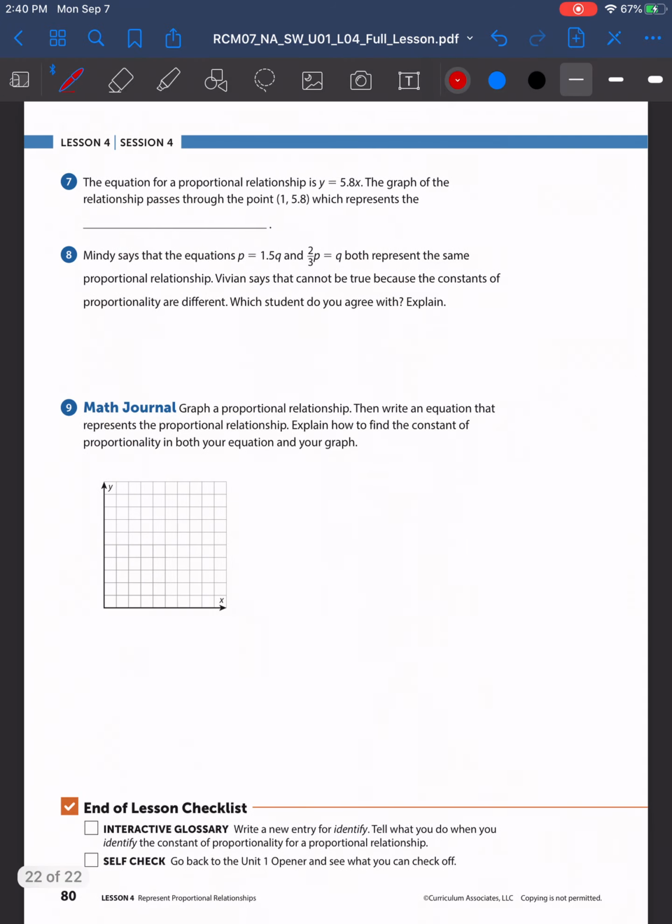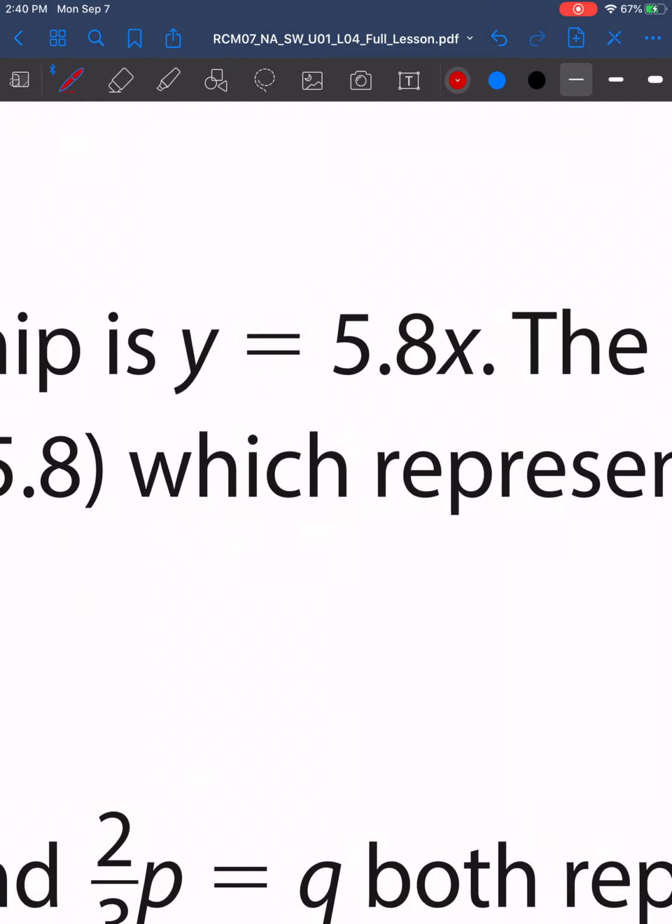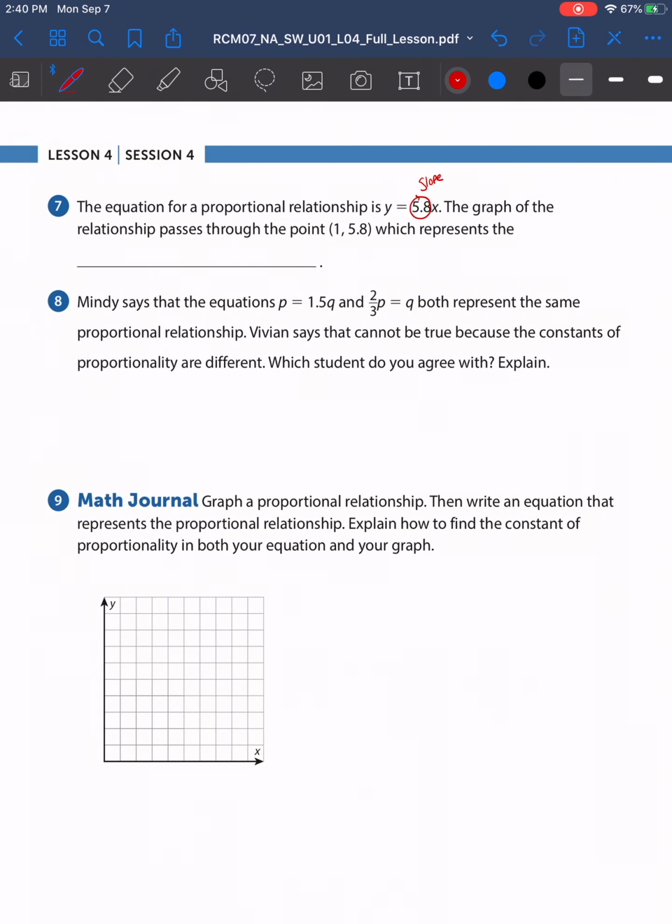All right, next page. Number 7. The equation for a proportional relationship is y equals 5.8x. Psst, that means 5.8 is the slope. The graph of the relationship passes through the point 1, 5.8, which represents the slope.